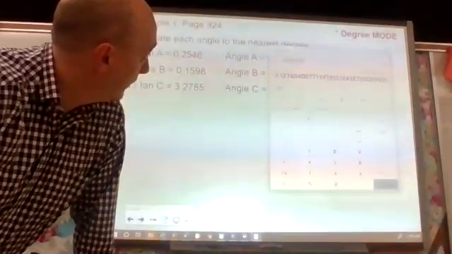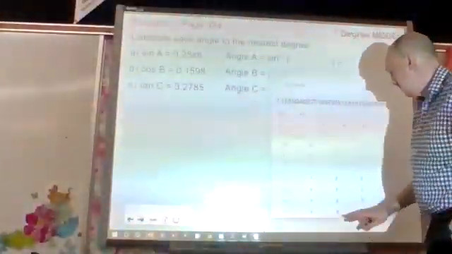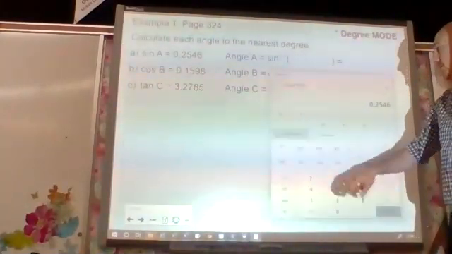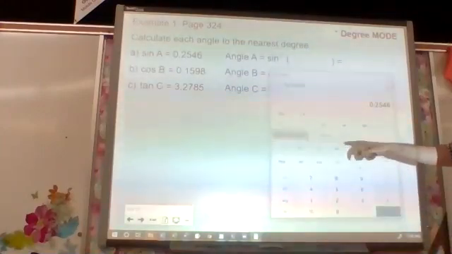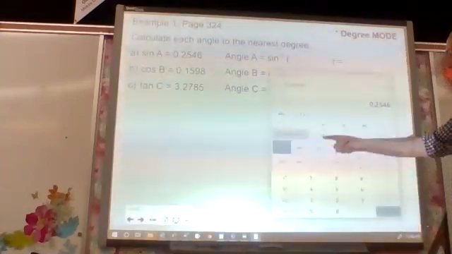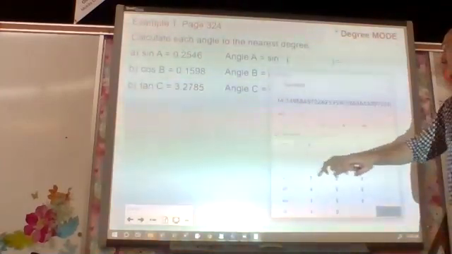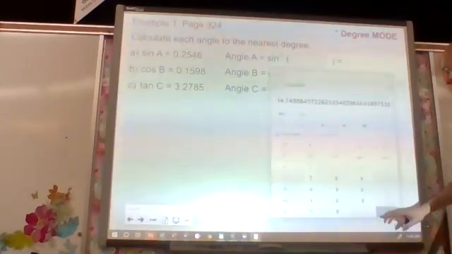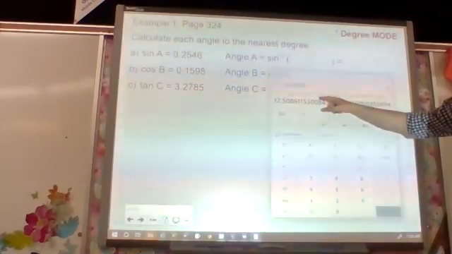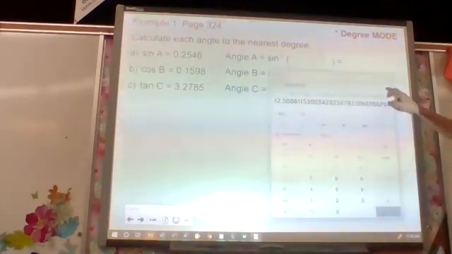Let's move that down just a little bit. 0.2546, and I want to use trig. In this case, look at that, I don't have inverse, do I? Do the second function. Now I've got all these inverses showing up. So the sine inverse of 0.2546 equals... Here you don't want to hit equals, because now I did that sine inverse times that. I want to go back a step.